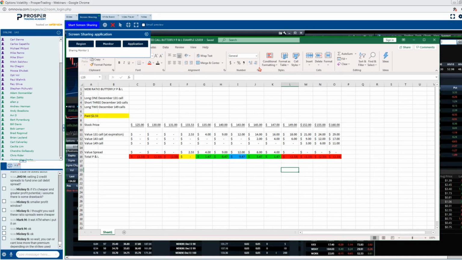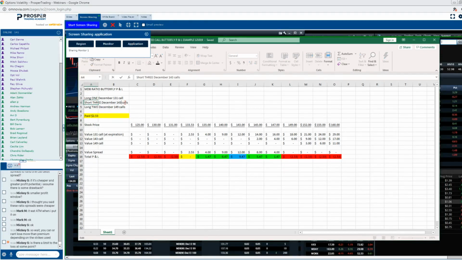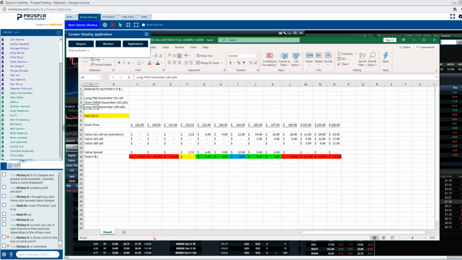You definitely can, Mickey. Let's say he had used the 135, okay? First off, the price paid would have been a lot different. Okay, he's got a 1 to 3 to 2 ratio, so the units line up.